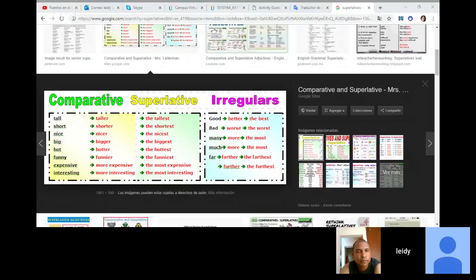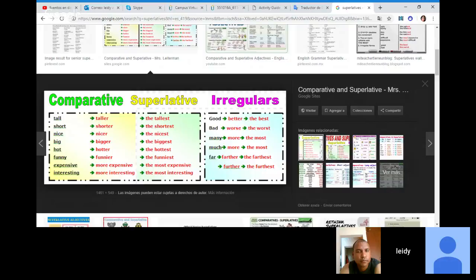Expensive in have three syllables. Different, and have more. In the superlative, the article the and most. Excellent.